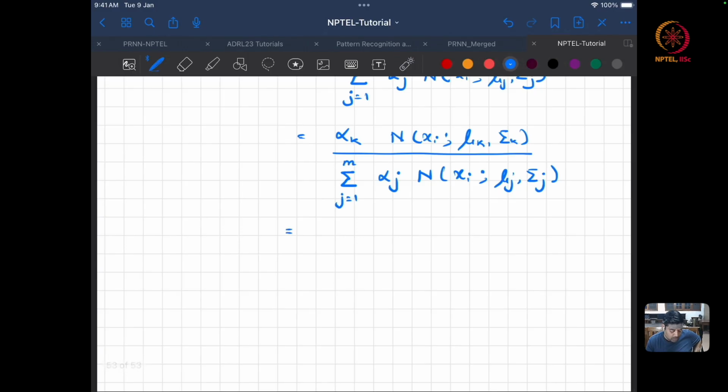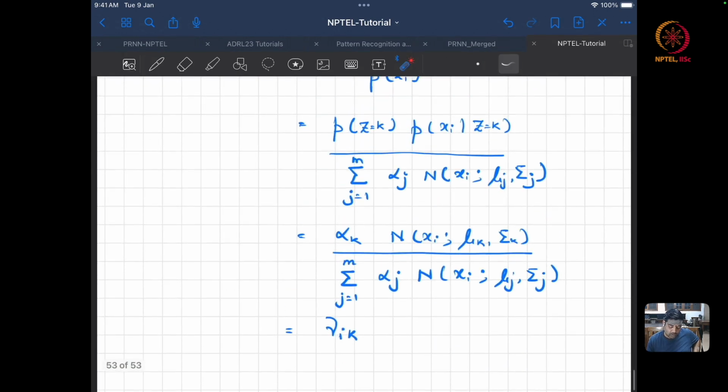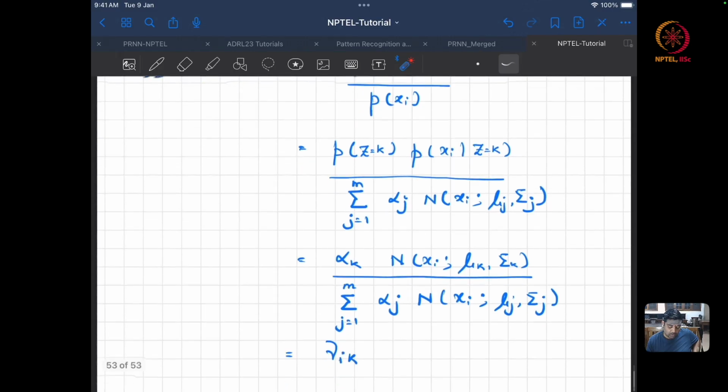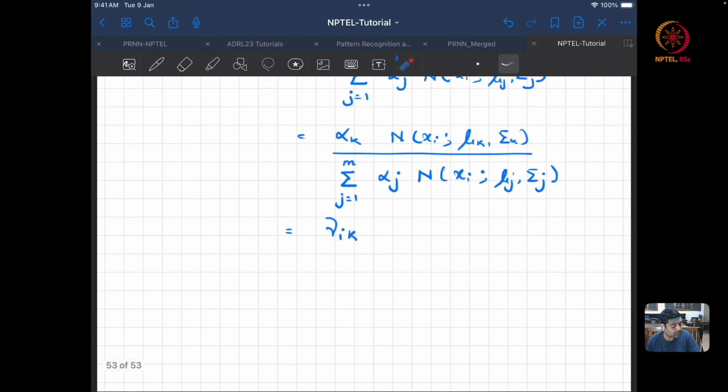So let's call this term gamma k. This is the probability that, given the data point xi, it is coming from the kth Gaussian. Okay, so let's proceed.